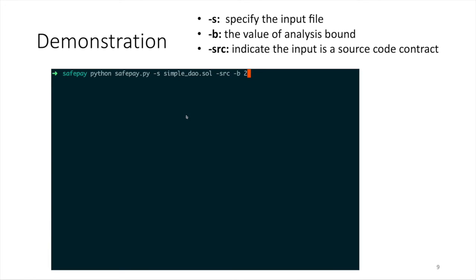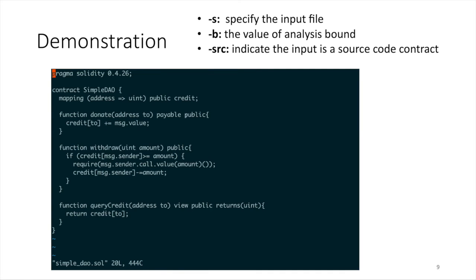Next, we show a use case. The input is the source code of a simple DAO. Anyone can call line 12 multiple times through the fallback function to get any amount of Ether without paying the corresponding token.